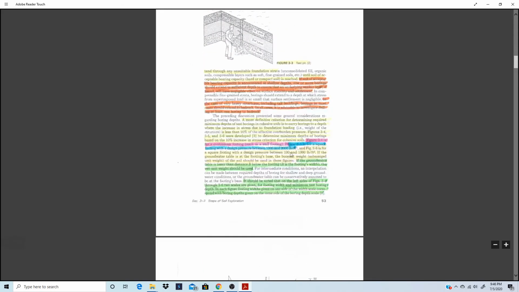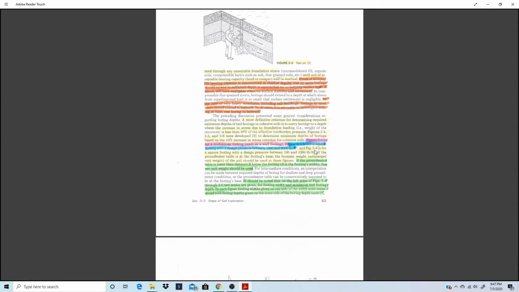All right, so figures 3.5 and 3.6 are for square footings. If it gives you a square footing, like a building slab, something that is square, not just a strip, we would use 3.5 or 3.6. The difference between the two is that the square footing for 3.5 has pressures from 1,000 to 9,000 pounds per square foot, so that's high pressure.